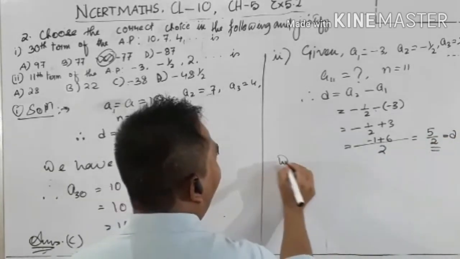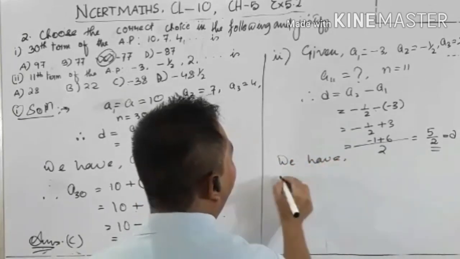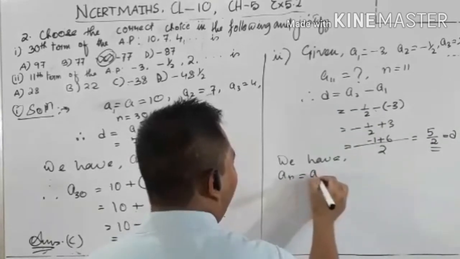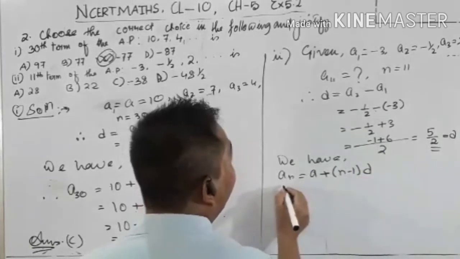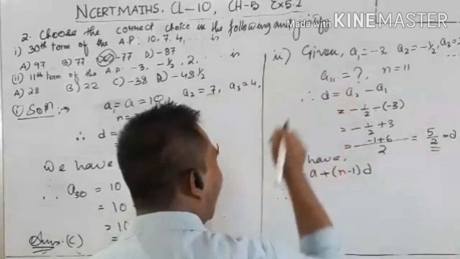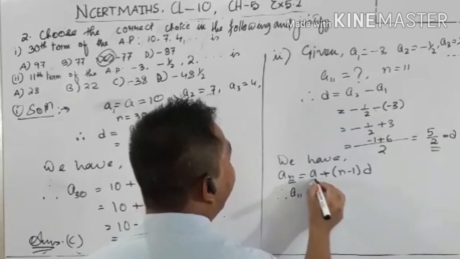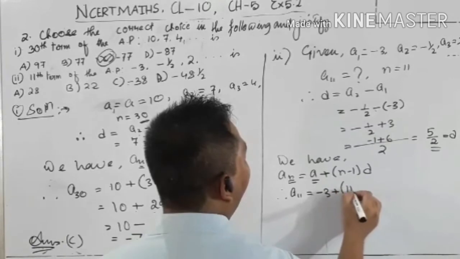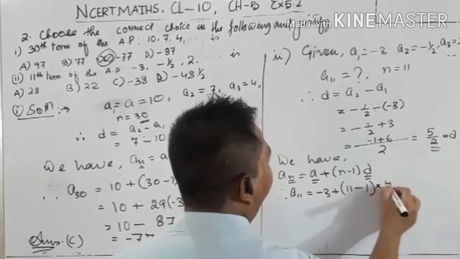And then again, what can we write? The nth term is given by an equals a plus n minus 1 times d, right? Therefore, what will be our nth term? That means in that 11th term, replace this n by 11. And here the first term is minus 3, plus n will be 11 minus 1, and d is 5 upon 2.